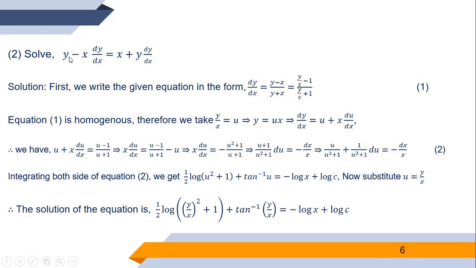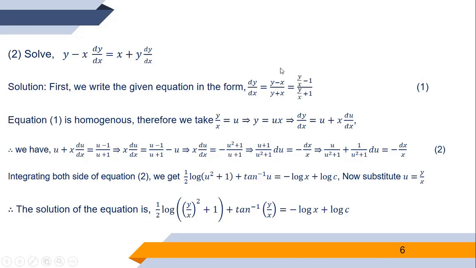So y minus x = (y plus x) dy/dx. So we write dy/dx = (y minus x) upon (y plus x). Now take x common, so (y/x minus 1) upon (y/x plus 1).